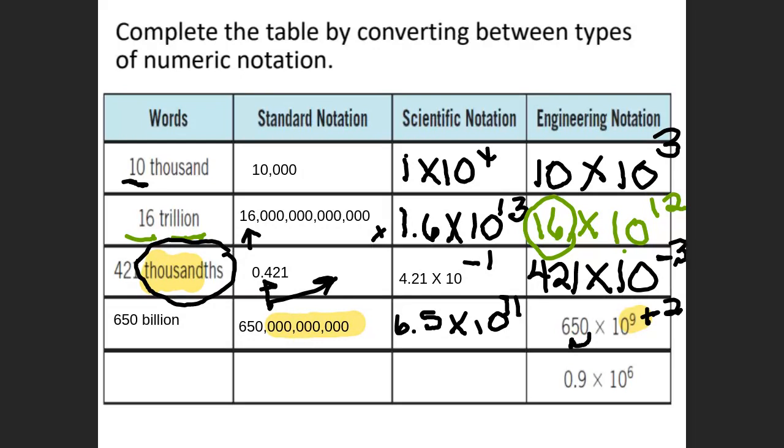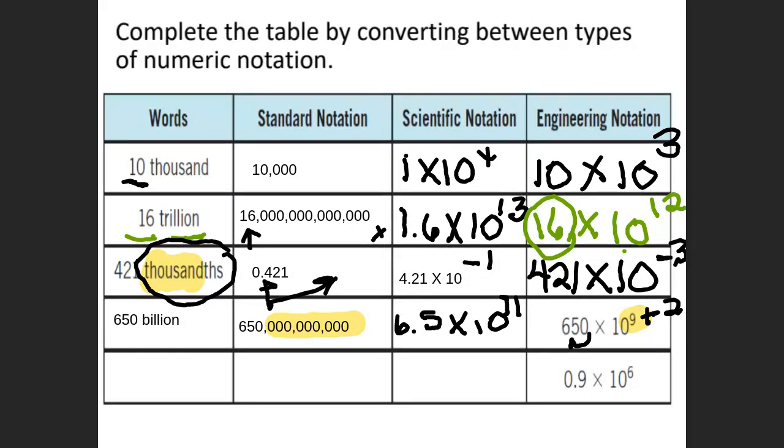That's how I got the 11, 9 plus 2. If I move the decimal from the number in front of the X to the left, I'm adding how many places I move it. If I move it to the right, I'm subtracting.